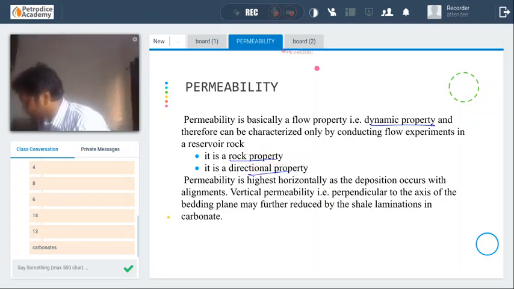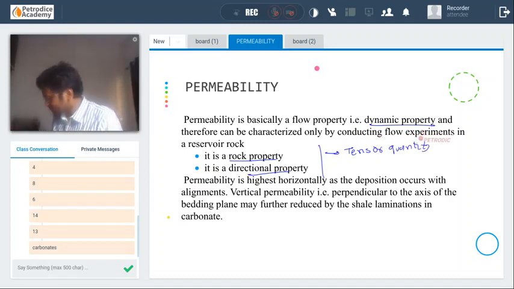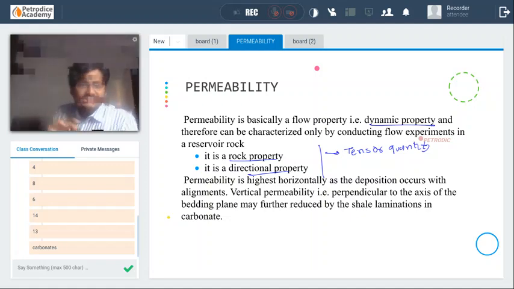Permeability comes under tensor quantity. That means it's like a vector, scalar, and a tensor.